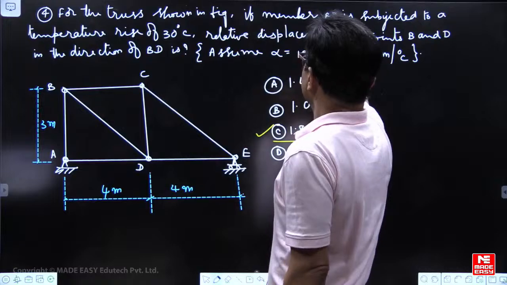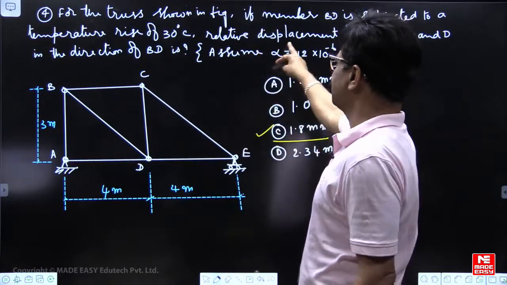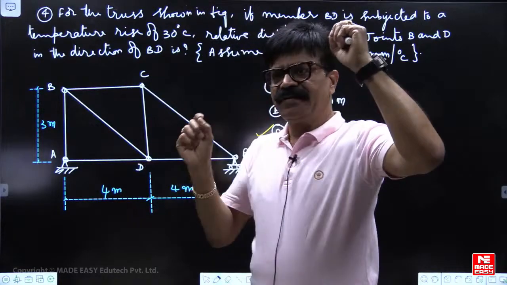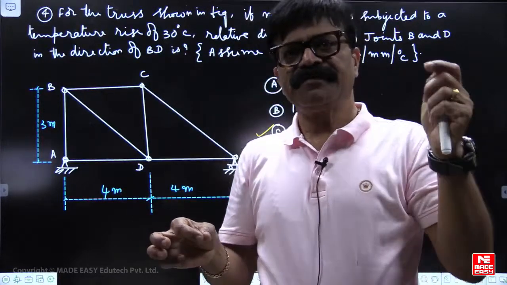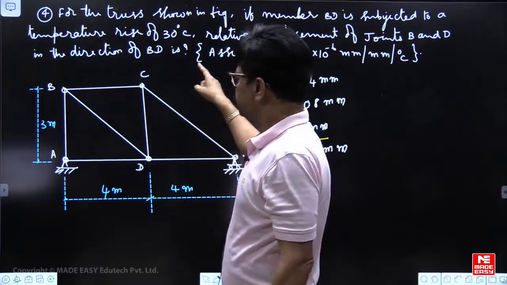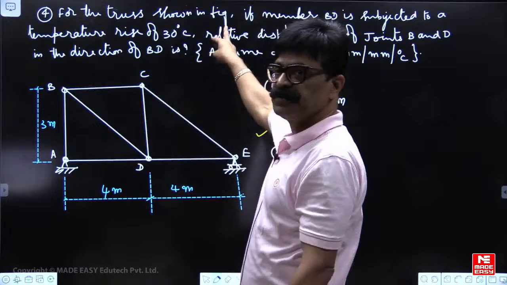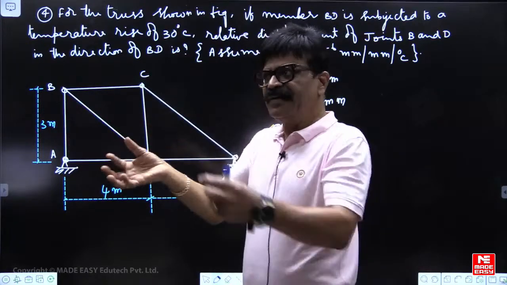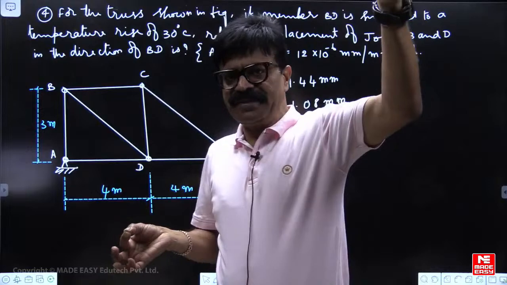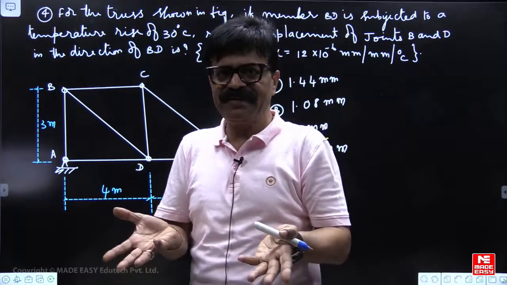See here, member BD is subjected to temperature rise 30 degrees centigrade. Relative displacement of B and D. Once there is a member at the joints B and D, whatever temperature change is there in the member BD due to temperature rise alpha TL, so that joints B and D should move either away from each other or towards each other by the same amount alpha TL.